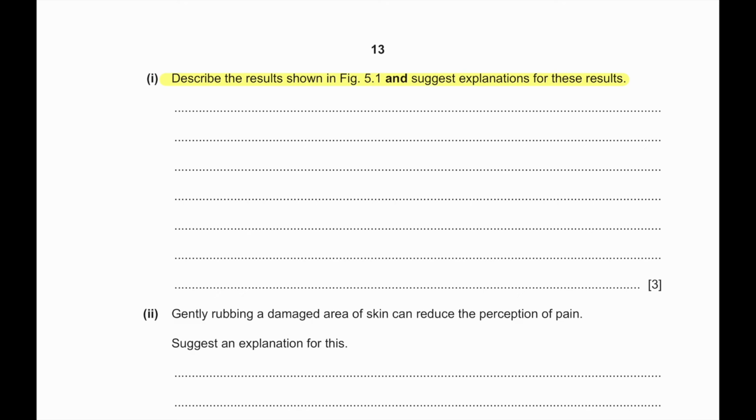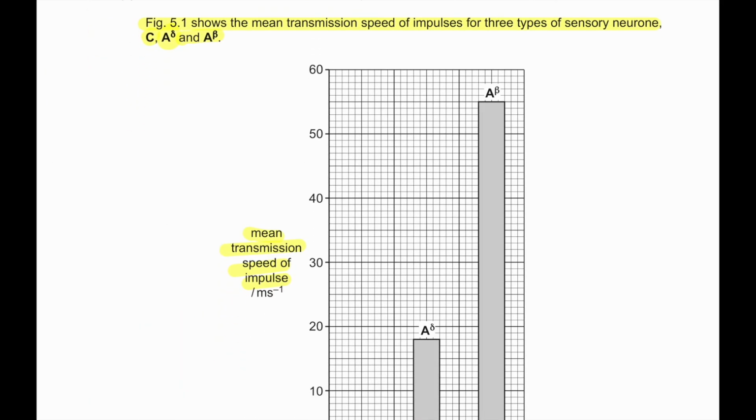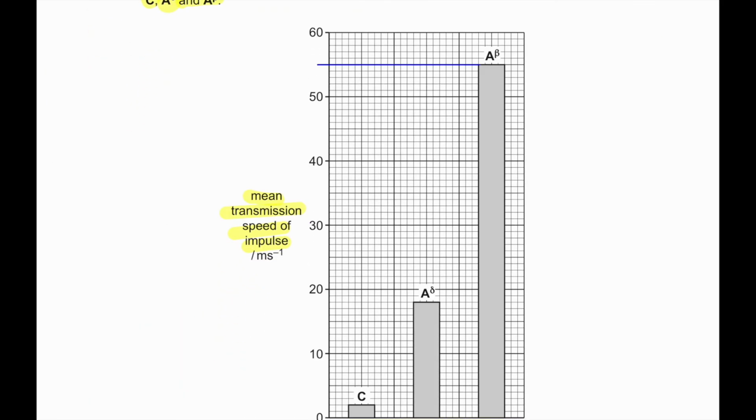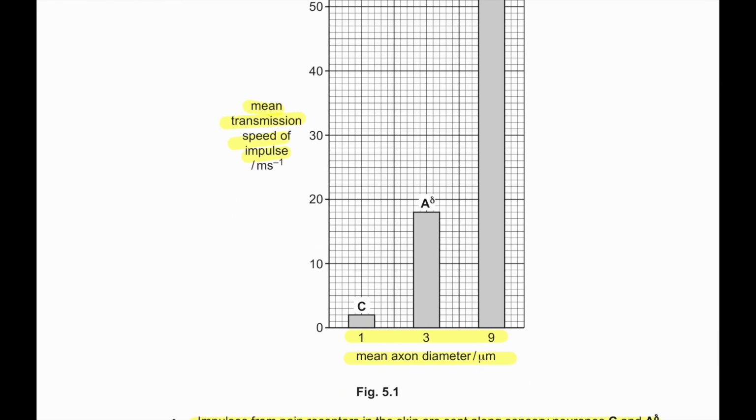A beta has a 9 micrometer diameter and a 55 meter per second speed, whereas C has a 1 micrometer diameter and a 2 meter per second speed. And A beta has wider axon diameter, which increases speed of transmission of impulse.